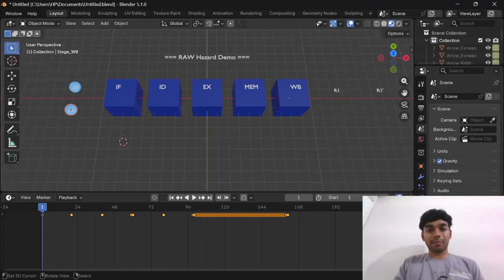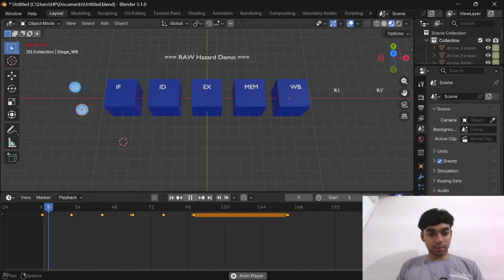The first dependency is RAW, read after write. Basically, if the second instruction is dependent on the result of the first instruction, then it has to wait for the first instruction to be executed completely. Let us look at it practically. This is the first instruction, this is the second instruction.